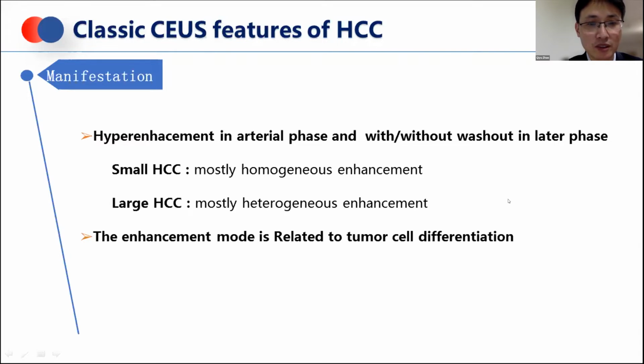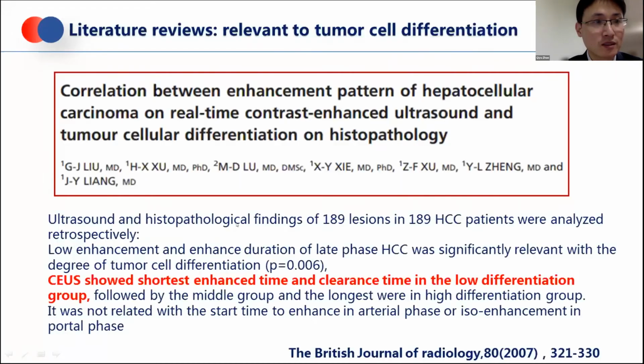And some research found the enhancement model is related to tumor cell differentiation. Chinese researchers reported the correlation between enhancement pattern and tumor cellular pathology. They found that CEUS showed the shortest enhanced time and clearance time in the low differentiation group.